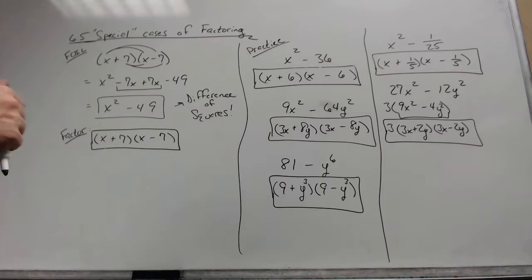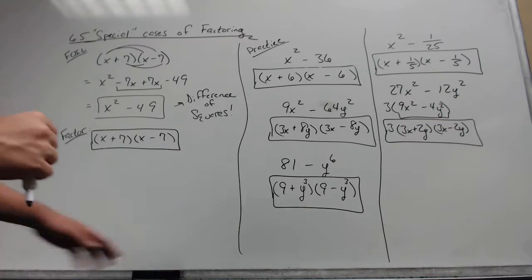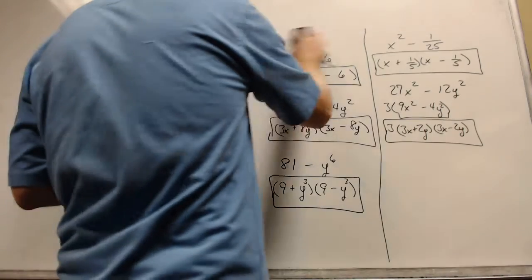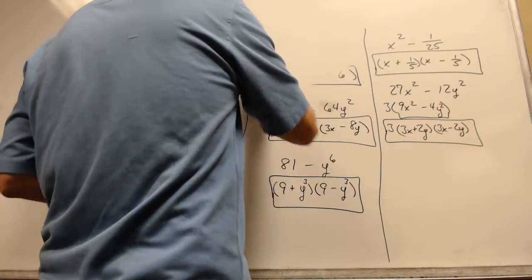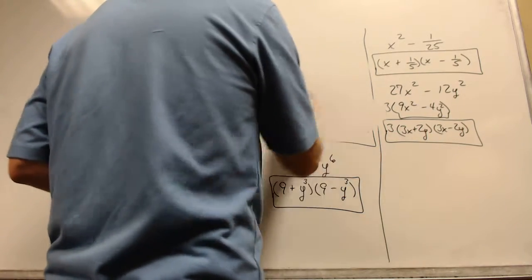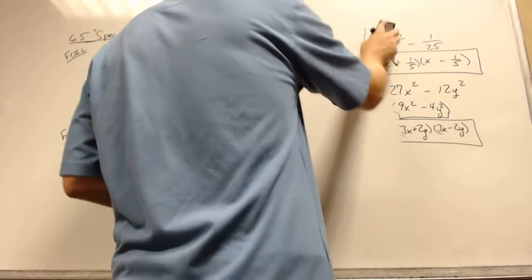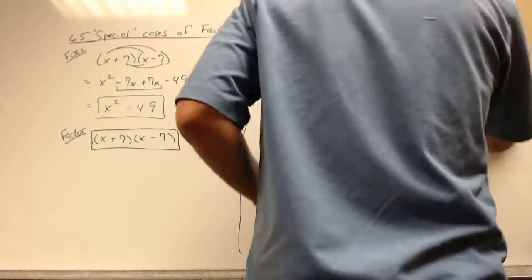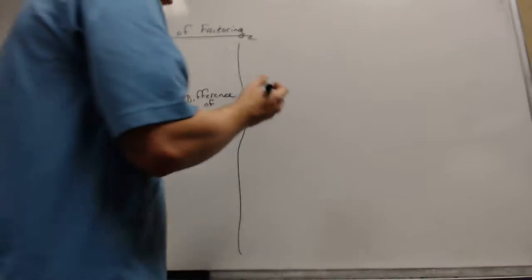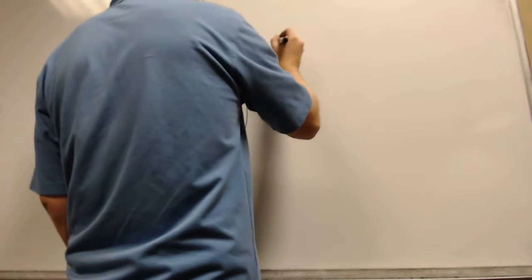All right. There's one other type of problem in this section that they consider special, but I don't consider it. I consider it even less special than a difference of squares. All right, they consider this problem a special case.